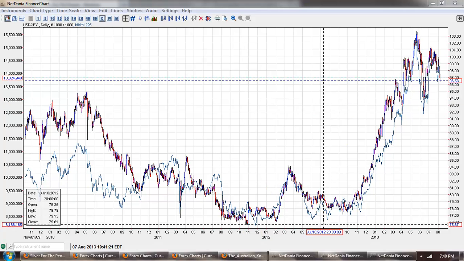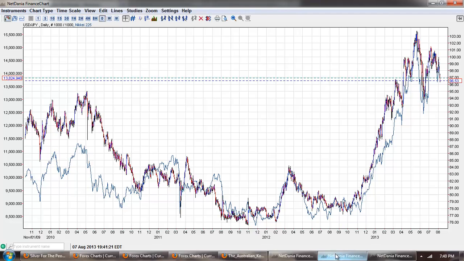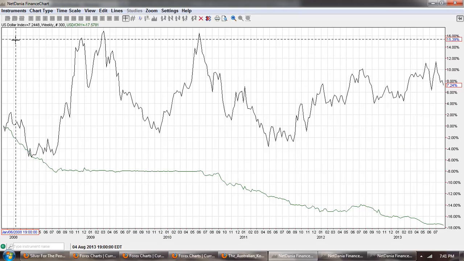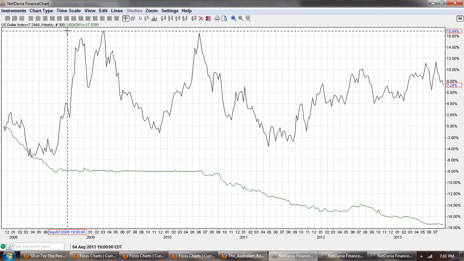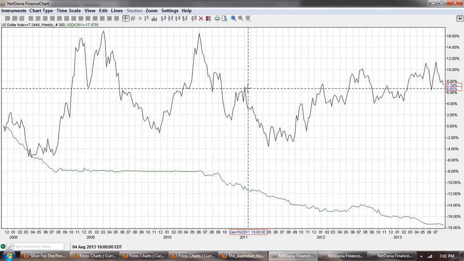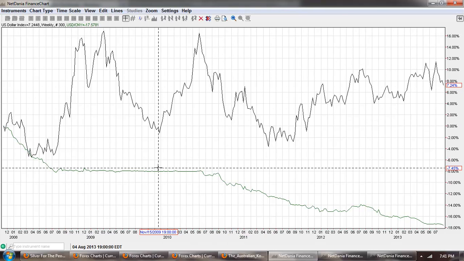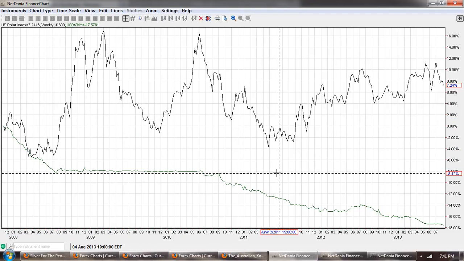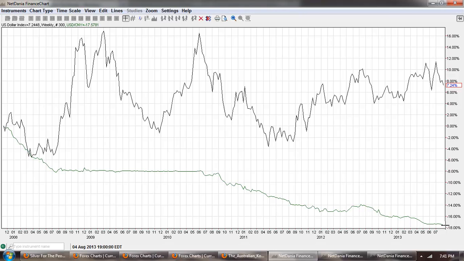Now I've drawn some other charts here. This chart is a chart of the US dollar index crossed over the US dollar Chinese yuan, the Chinese currency. So the bottom line here is the depreciation of the dollar against the Chinese currency, and we're just going into new lows again here.